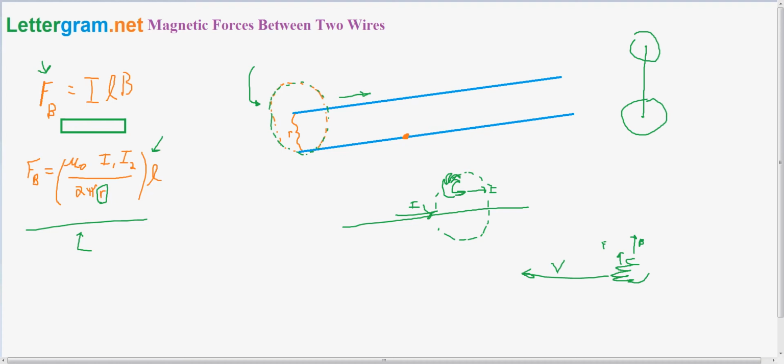Your current, if they're both this direction, this is I, the velocity of the electrons is going to be this direction, and your palm is going to be facing in, so that's your force.